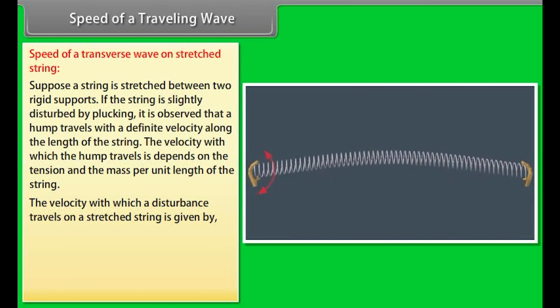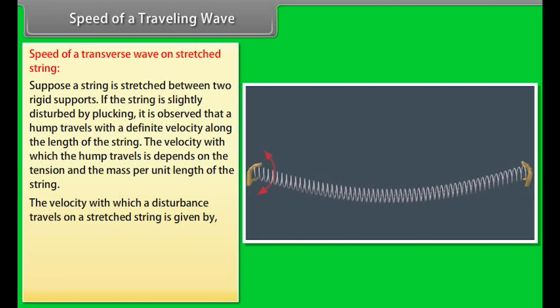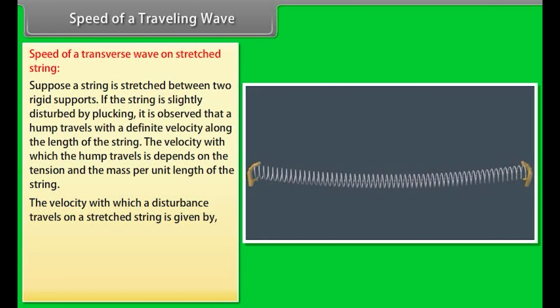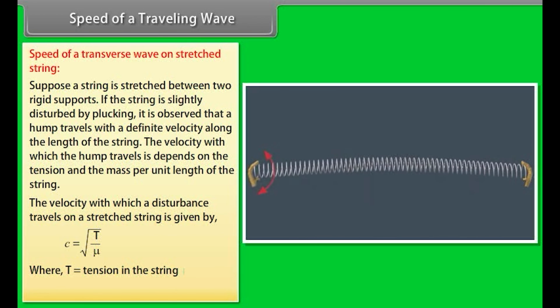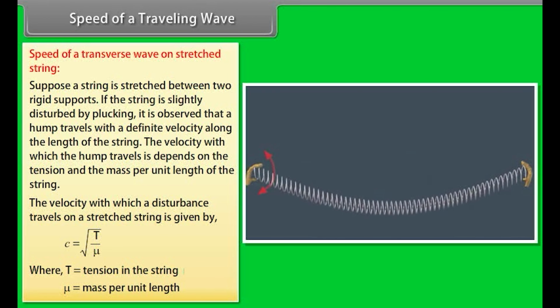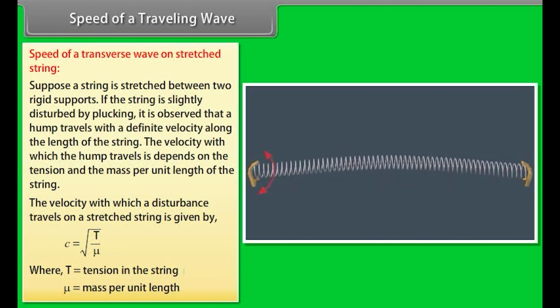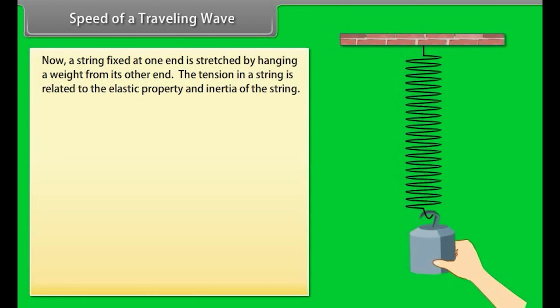The velocity with which a disturbance travels on a stretched string is given by C equals root of T upon mu, where T is the tension in the string and mu is the mass per unit length. Now, a string fixed at one end is stretched by hanging a weight from its other end.